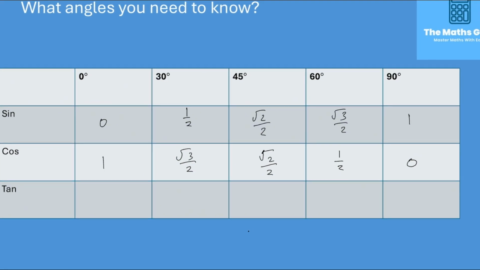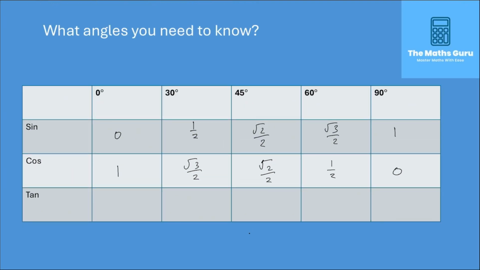Okay, now looking at our tan. We start by writing square root 0, square root 1, square root 2, square root 3, and square root 4. We then divide in opposite order to what we've just done.